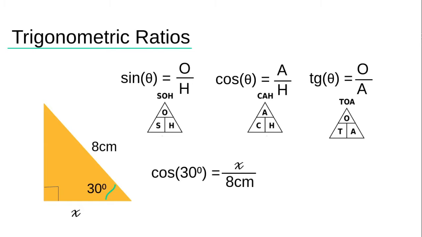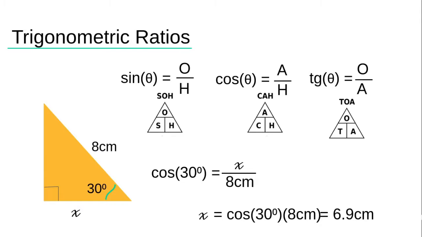So we will know that the cosine of the angle 30 is equal to the adjacent side, which is x, divided by the hypotenuse, 8. And so isolating x, we get that it's equal to the cosine of 30 times 8 centimeters. Using a calculator, we get that this is 6.9 centimeters.